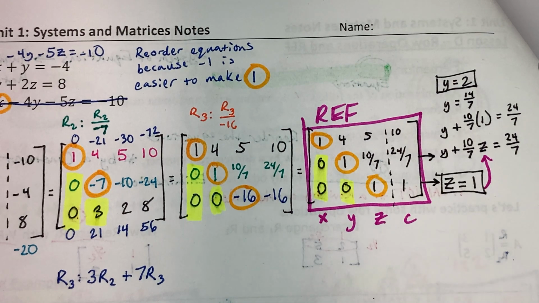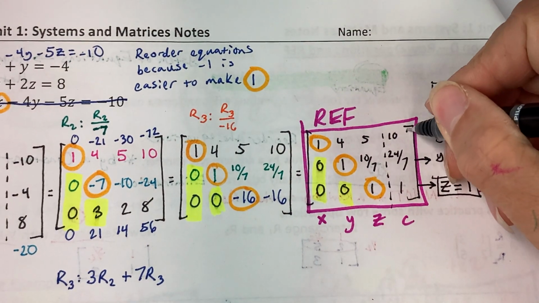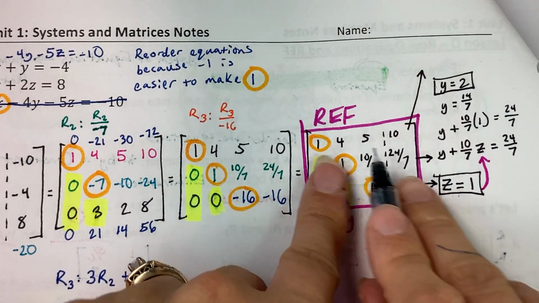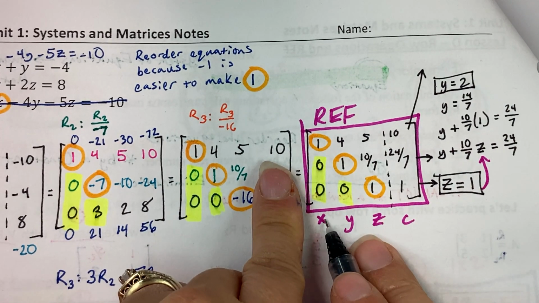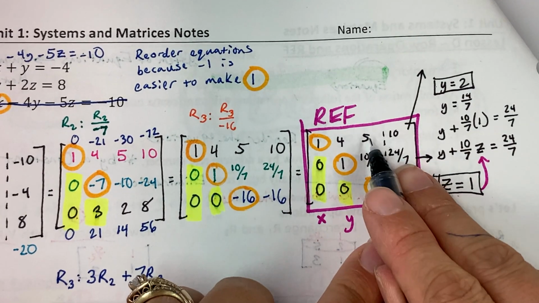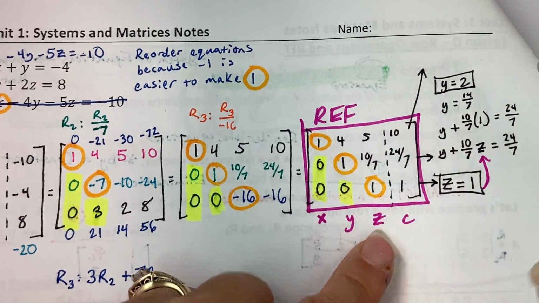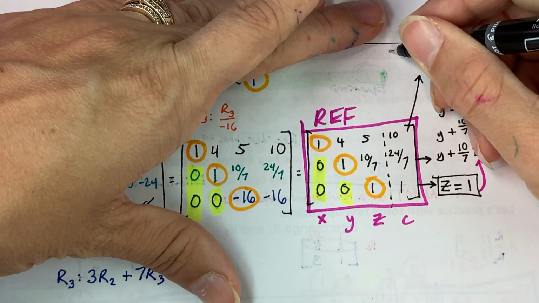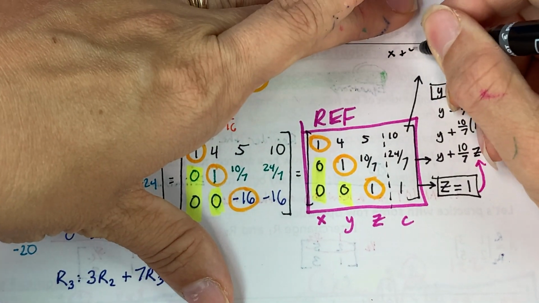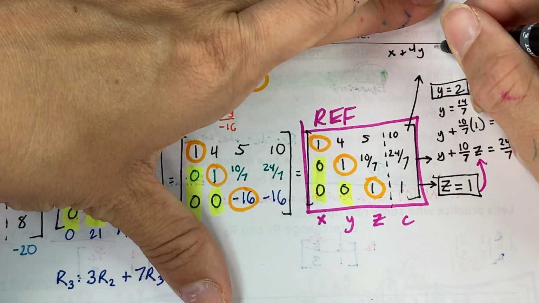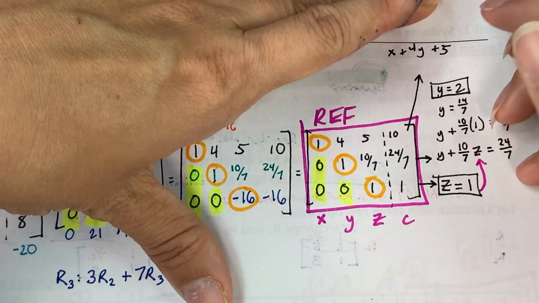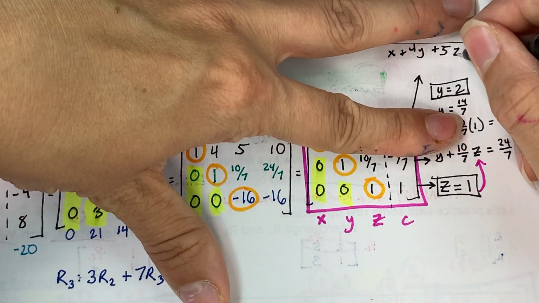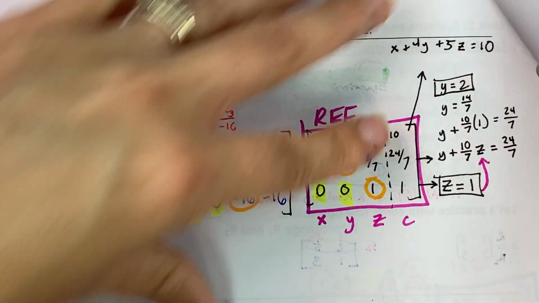So now I have 2 out of the 3 variables. Now our last row says 1x plus 4y plus 5z equals 10. So x plus 4y plus 5z equals 10.